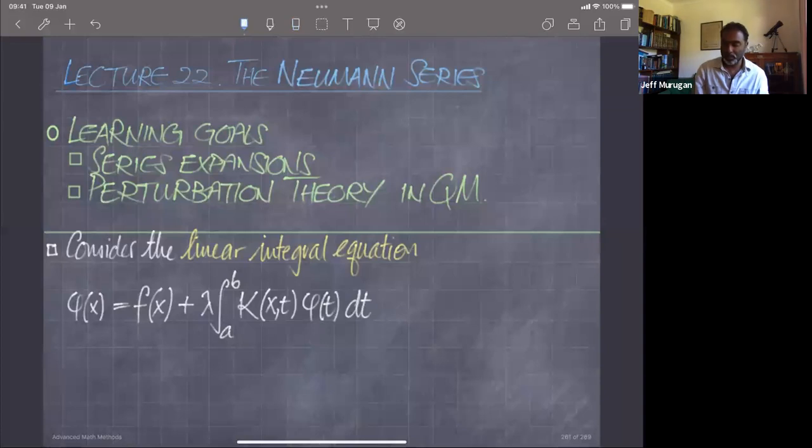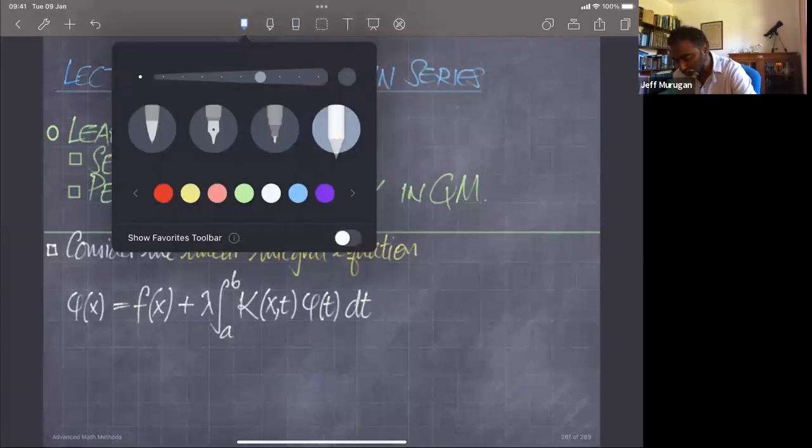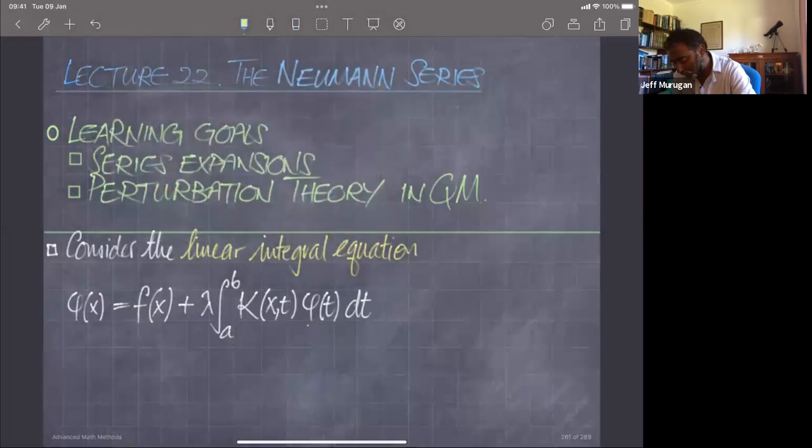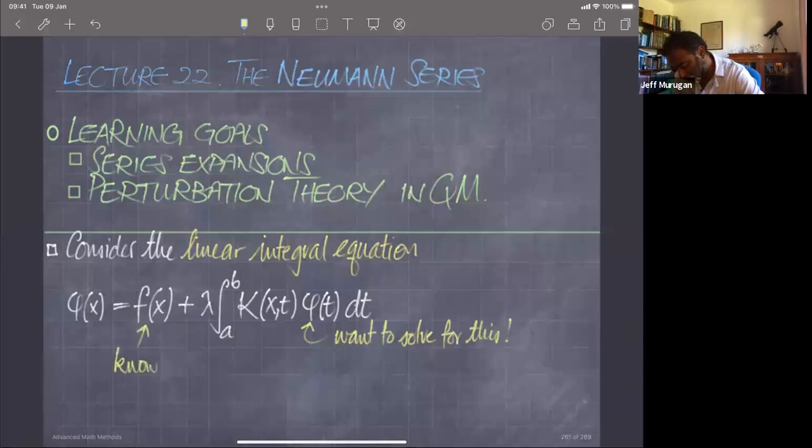Right, so here's our linear integral equation, and we want to solve for the unknown function, in this case, phi of x. And this guy is known. It's given in the statement of the problem.